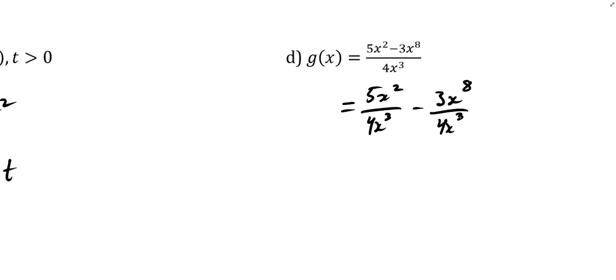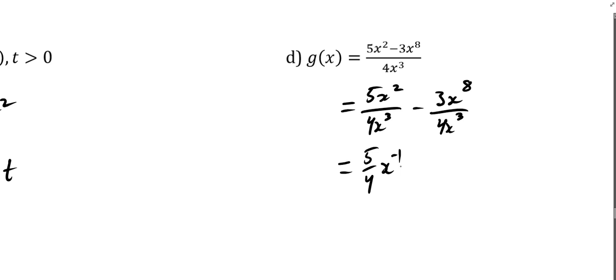And then, what can I do? Anybody see what I can do? Because in this form, this is also not something we know how to differentiate. Yeah, so what would that look like for the first one? Yeah, so 5 over 4 x to the negative 1, right?